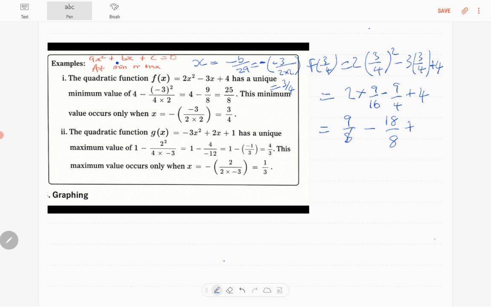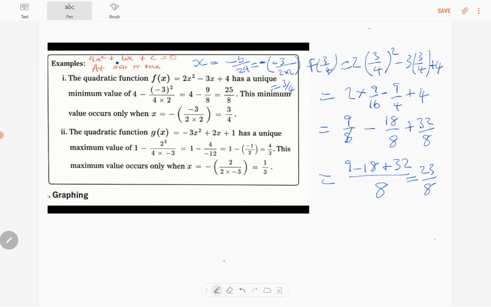Plus 4 is also the same thing as 32 over 8. Having it this way, we can collect over 8: we have 9 minus 18 plus 32, and this will give us 23 over 8.